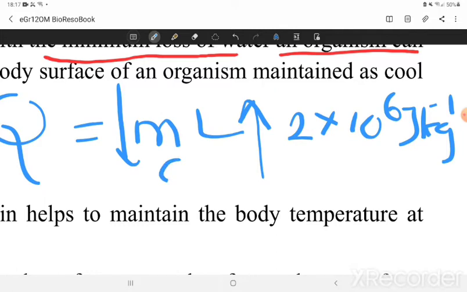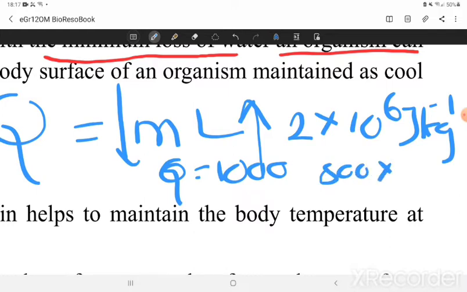Suppose Q equals 1000 joules. Then you have to divide 1000 by 2 times 10 to the power 6. That means we have 500 times 10 to the power minus 3 kg. You see the mass, that is 0.5 grams, sorry, 0.5 kg.